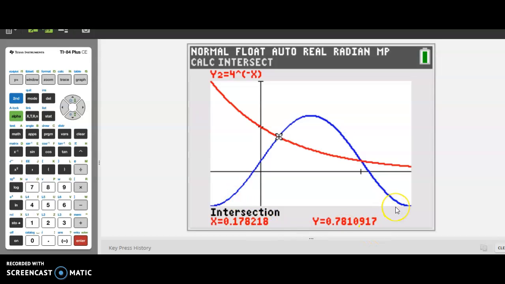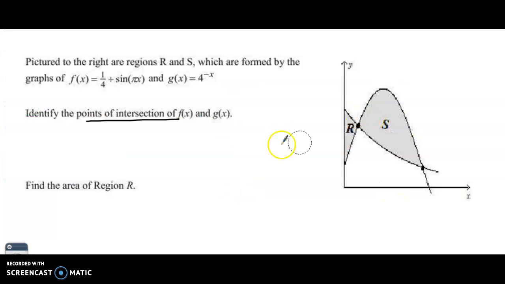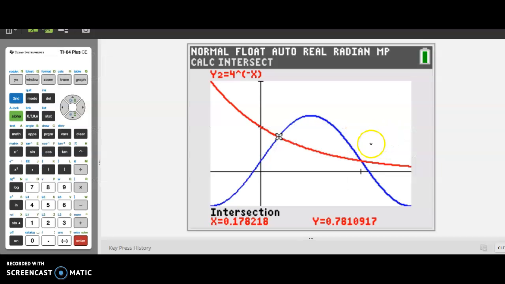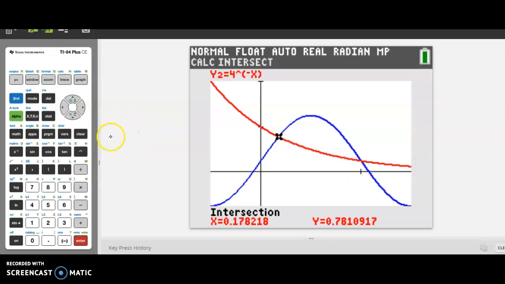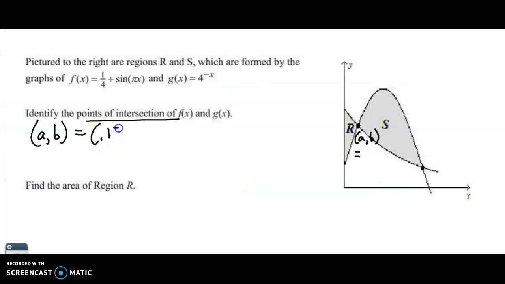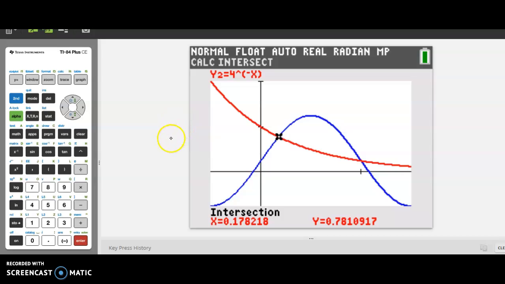And like I mentioned before, sometimes what we do is we just write out that these values are A, comma, B, and then we try to fit in right there, and we write out the exact value, 0.178218. And maybe even label it over here. 0.178218, comma, 0.781.